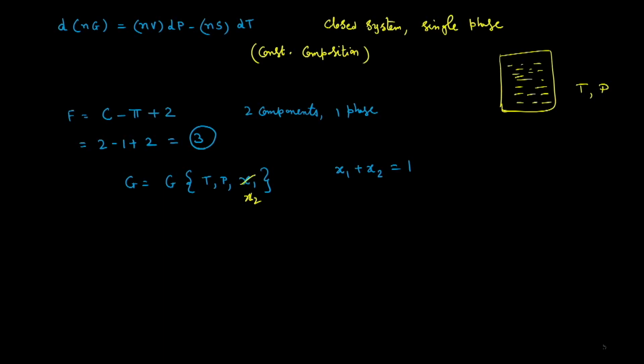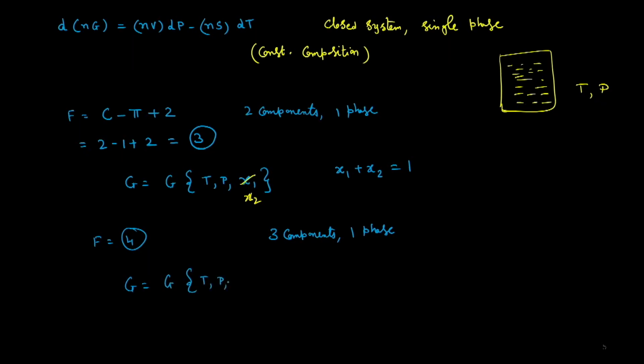Now, if I have a mixture of 3 components and one phase, I'm still talking about a single phase system, but then I have 3 components, then F is obviously going to be 4, as you can see. And the Gibbs free energy is going to be a function of 4 variables.